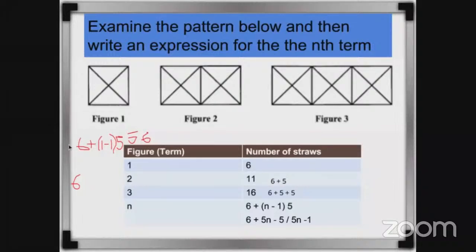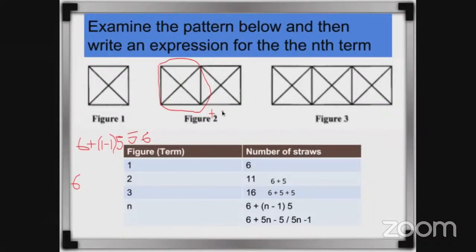So we represent our base. What do we do to get to the next figure? We have to start with our base because our base is still there. You see the base right here. How many did we add for the first figure? We added 1 straw, 2, 3, 4, 5 straws. So we added 5 here.